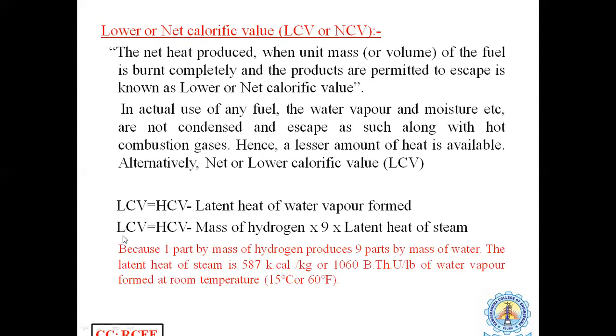Okay, right? So the formula is LCV is equal to HCV minus mass of hydrogen into 9 into 587 kilocalories per kg. That is called lower calorific value LCV or net calorific value, that is NCV.